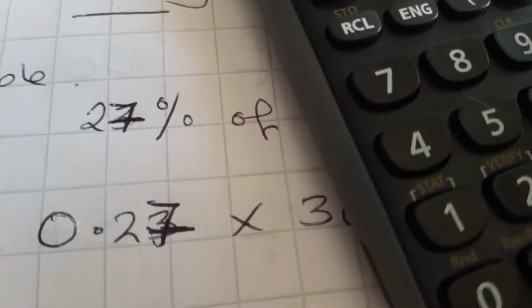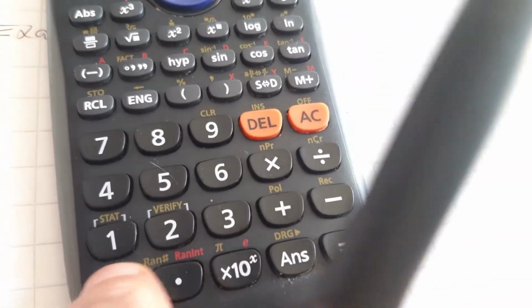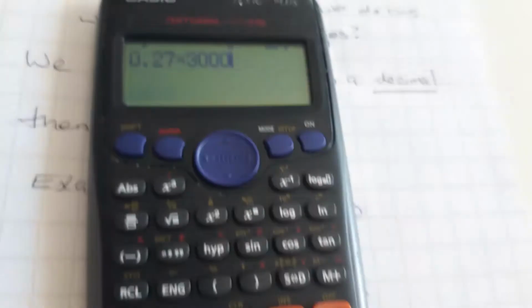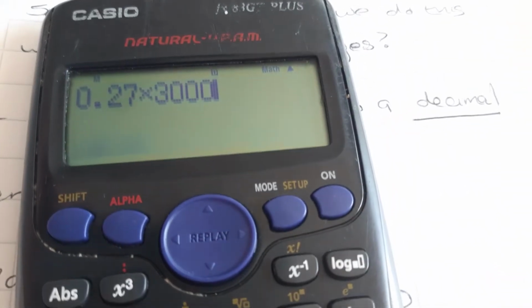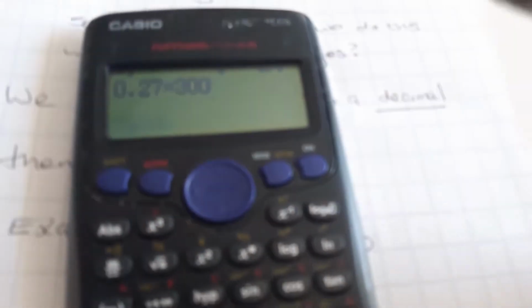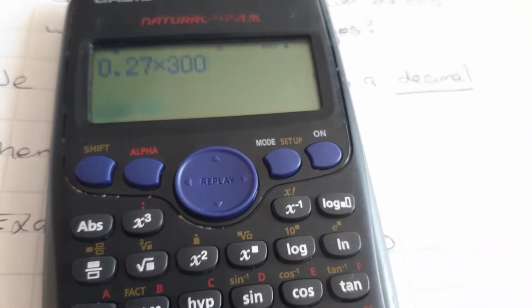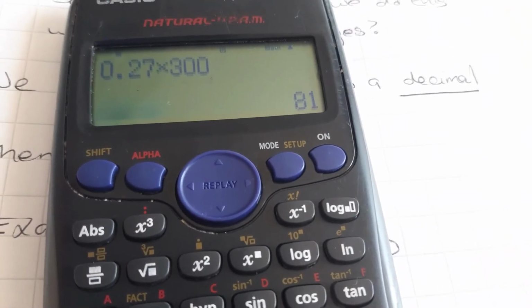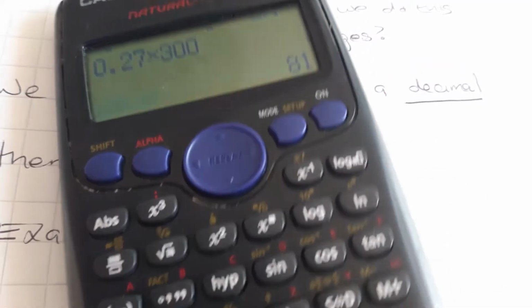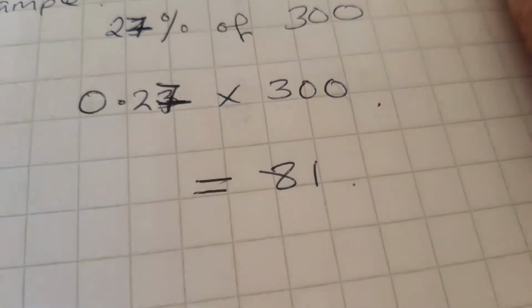So you just type it in: 0.27 times 300. One of these calculators will come up on the screen and you can check that you've typed in the right thing. And just press equals. It gives you the answer, 81. It is okay to use your calculator, it's not cheating. So the answer this time was 81.